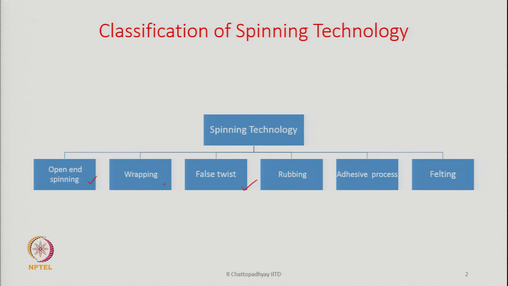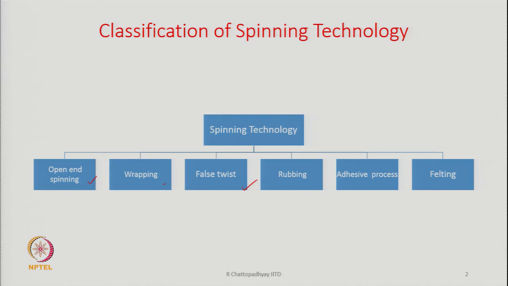The other one is rubbing. By rubbing action, we try to insert twist into the yarn. Then there is an adhesive process, in which we bind the fibers with the help of adhesive.